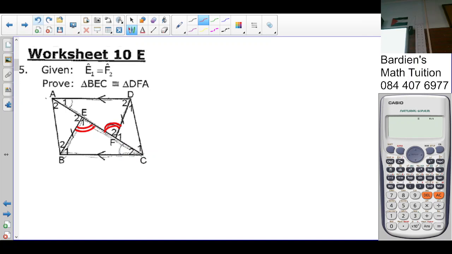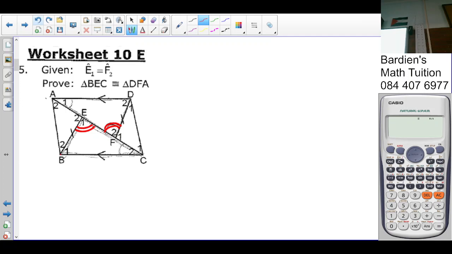So if those angles are equal, what can we say about that? What can be concluded from the fact that those lines are parallel? Alternate angles, which is resulting in, if those angles are equal, what can be concluded from them?